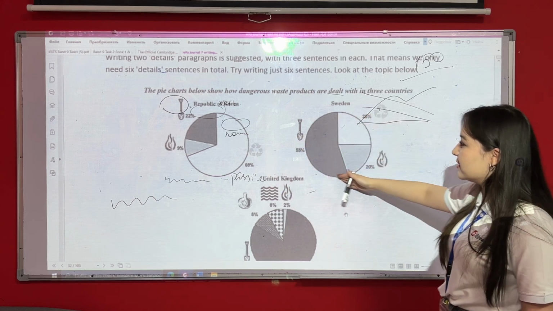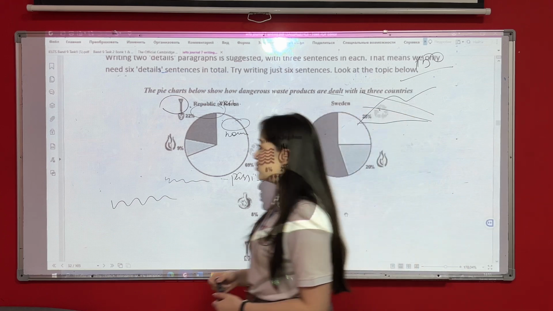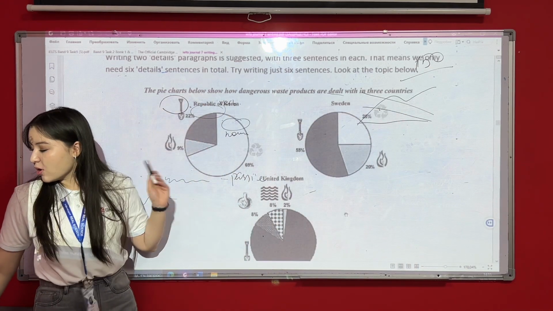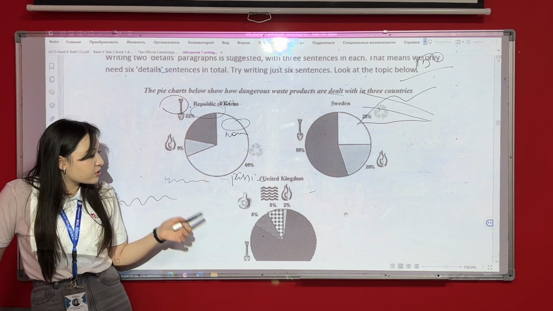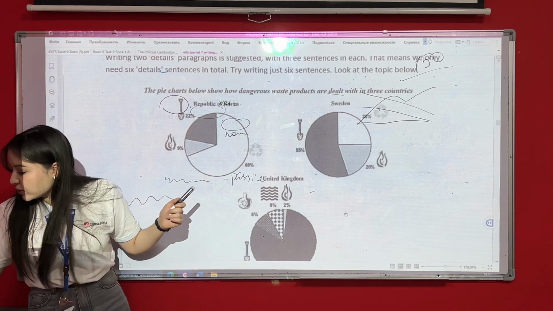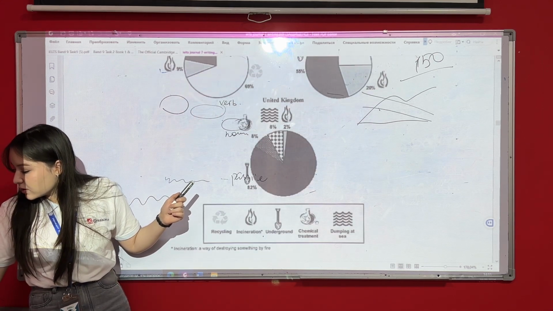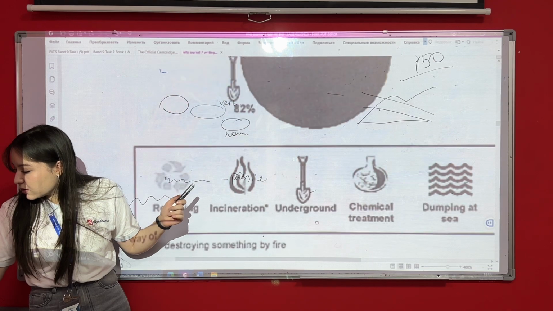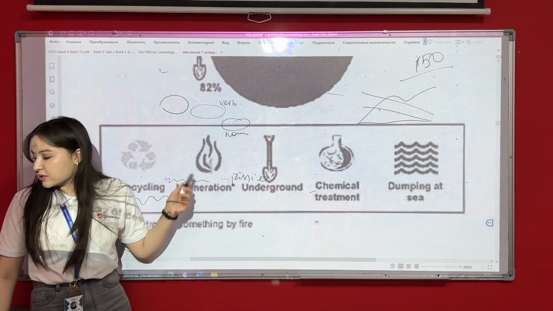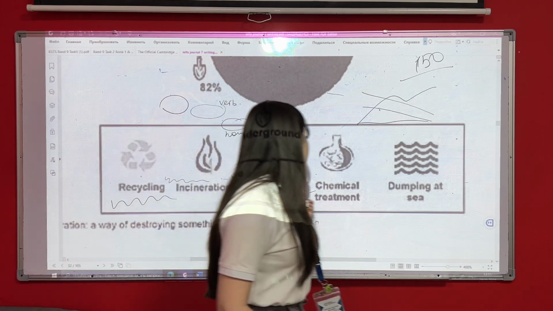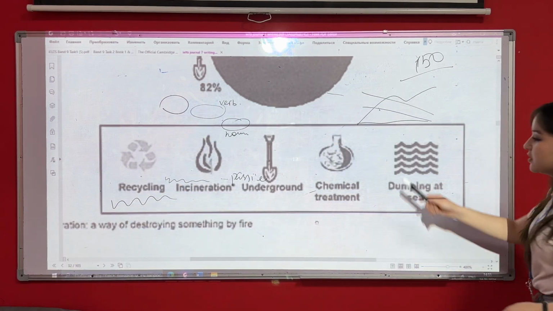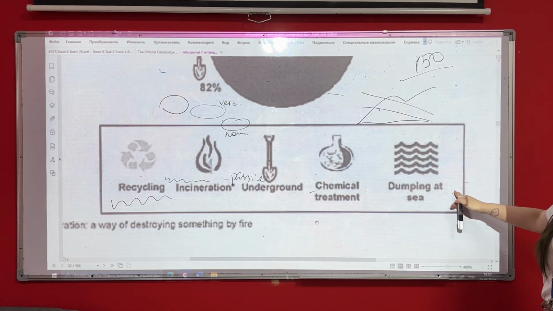And guys, what are you given? Percentages of this sort of dangerous waste products, right? So for example, here we are. It is about recycling, about incineration, about underground, about chemical treatment, and dumping at sea.